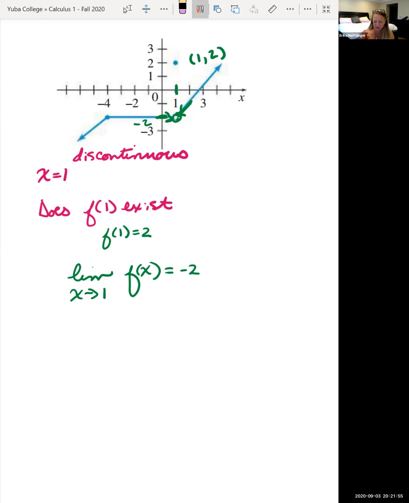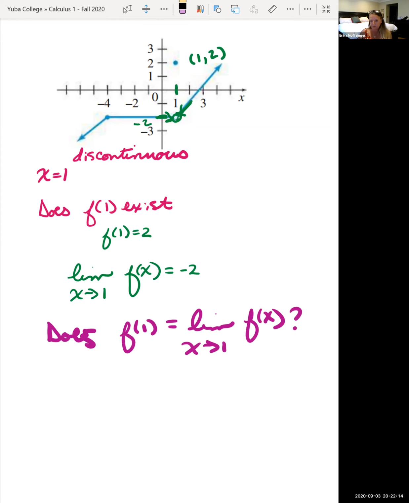So the last one says, we show that f of 1, does this equal the limit as x approaches 1 of f of x? Are they the exact same value?